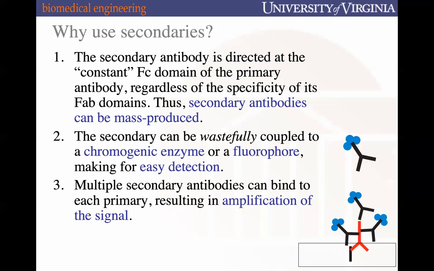Typically, the enzyme is horseradish peroxidase. Like we learned in our enzyme lecture, every enzyme has a specific substrate that it targets. So you'll add something typically called substrate, and that leads to the color change that you can then use to image and get a sense of how your protein is there.